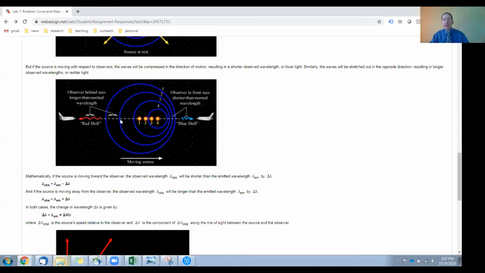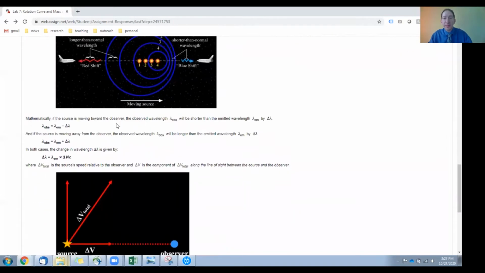How much shorter and how much longer is given by these equations. If the source is moving towards the observer, the observed wavelength is equal to the emitted wavelength minus the change in wavelength.